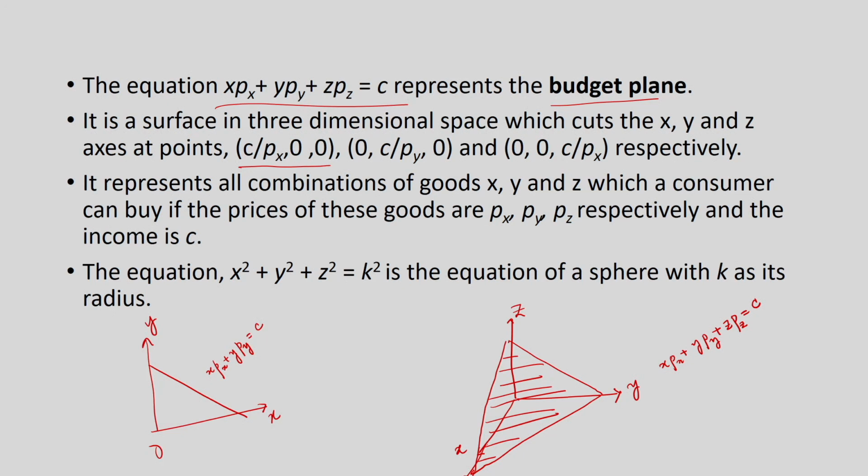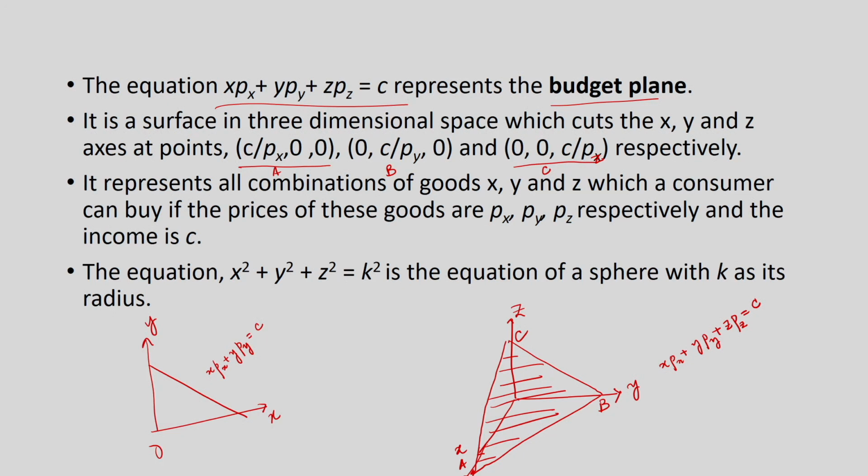Suppose this is A, this is B, this is C. A represents this point, B represents this point, and C represents this particular point, 0, 0, C divided by p z, not p x.